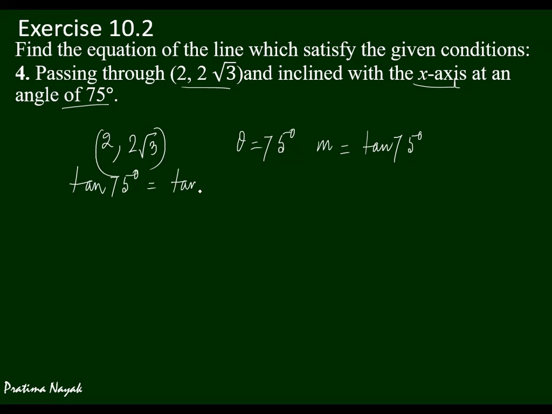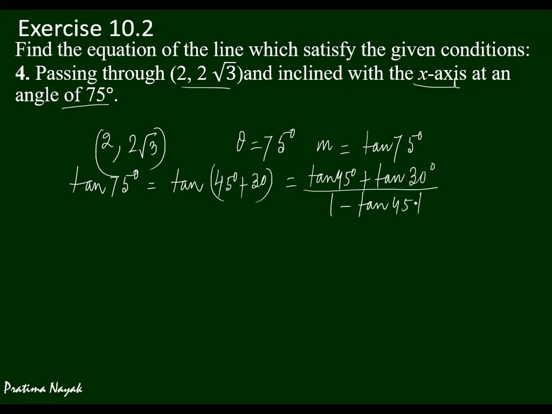Tan 75 degrees is tan of 45 plus 30 degrees. So it will be tan 45 plus tan 30 upon 1 minus tan 45 into tan 30. Tan 45 is 1, tan 30 is 1 by root 3, so (1 plus 1 by root 3) by (1 minus 1 by root 3).